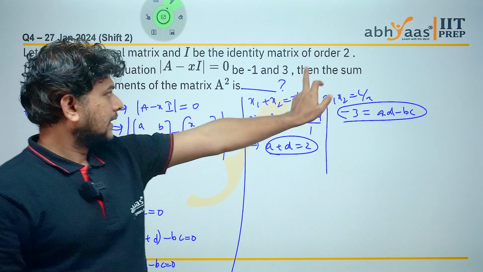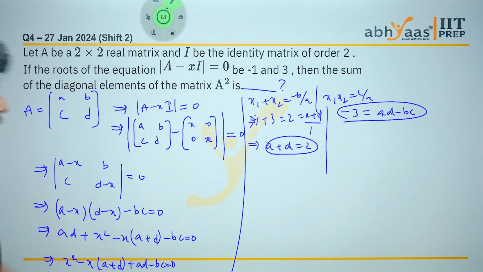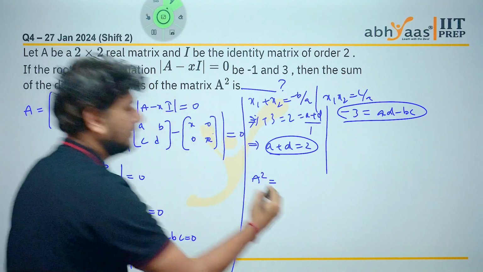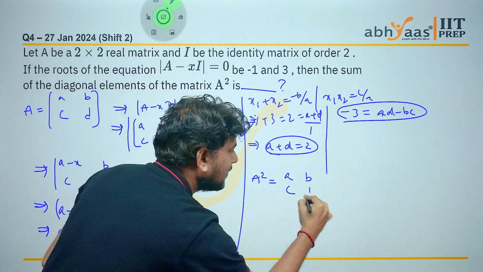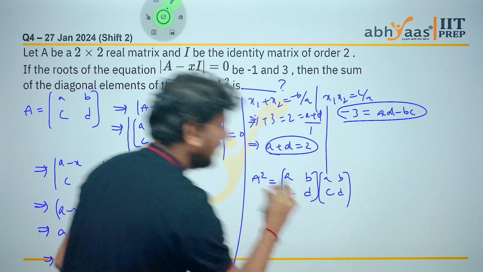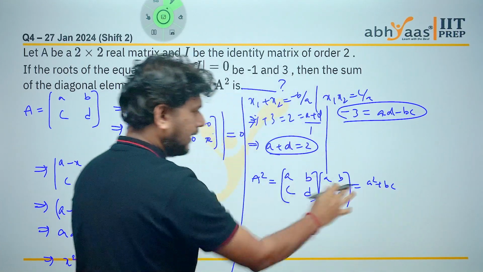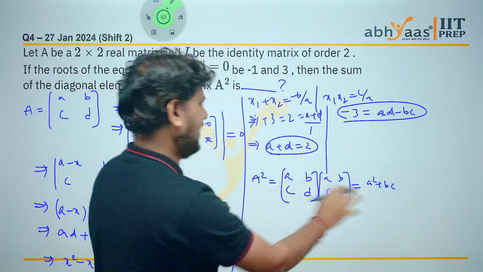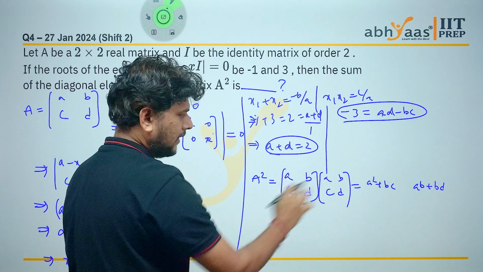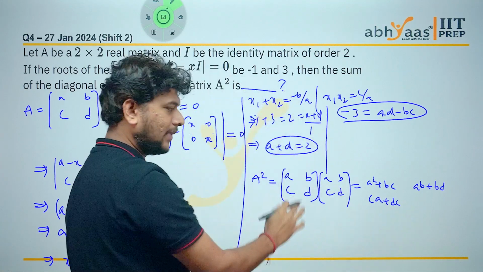Now then the sum of the diagonal elements of matrix A square. So we have to find A square and then proceed to the trace of A square. So ABCD into ABCD gives A square plus BC, AB plus BD, now CA plus DC and CB plus D square.